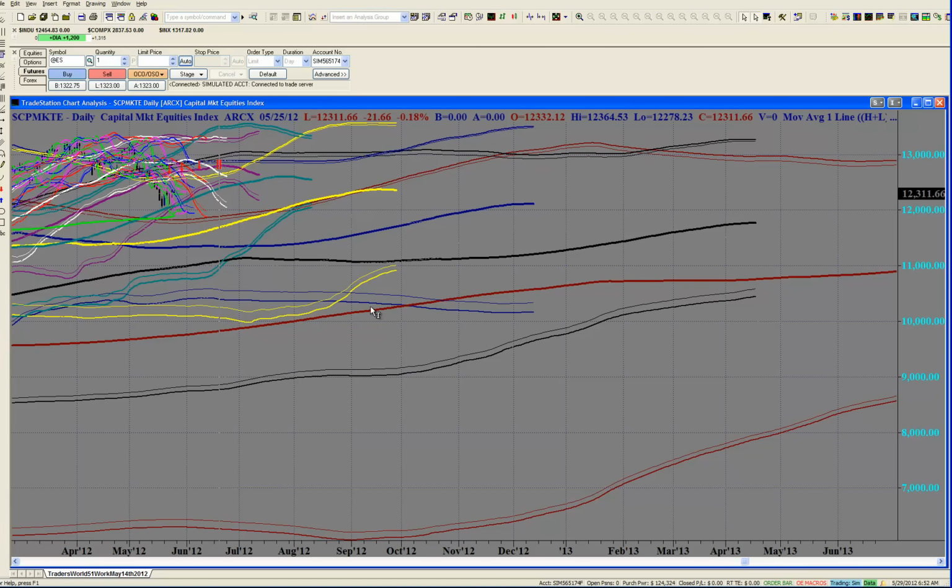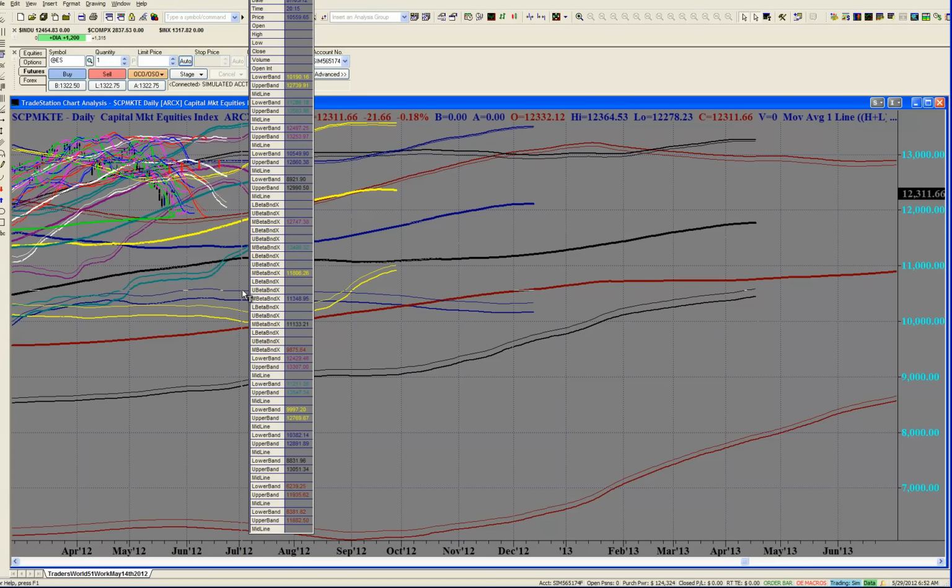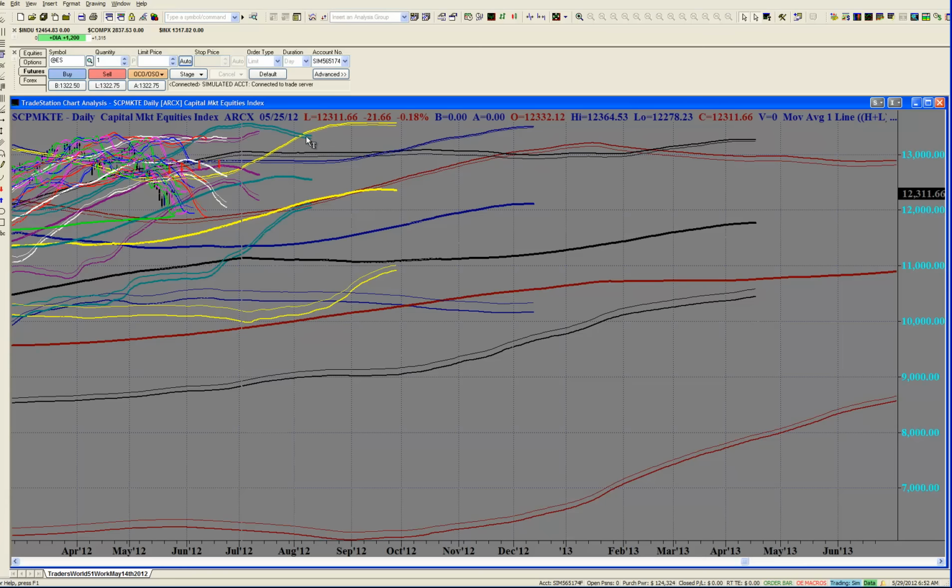It represents about 80% of the tradable market, so it's much more broad than the Wilshire Index as well as the S&P 500. What it's showing here is that we have downside risk going into the 10,500 area, and currently we're at 12,311.